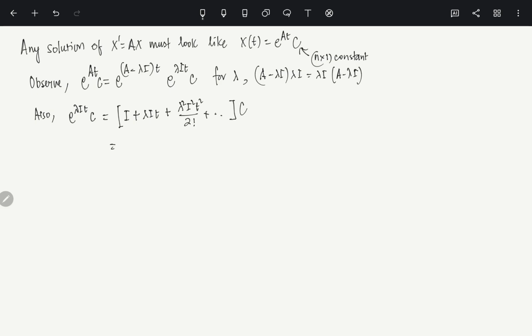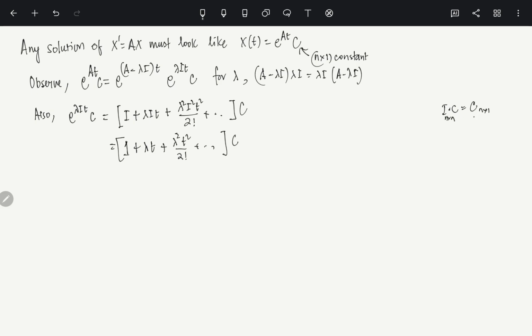If you write it properly, this is nothing but 1 plus lambda t plus lambda square t square by 2 factorial plus and so on, times C. See, identity times C is C. So I am writing that matrix C as 1 times C. Identity times C is the matrix C, an n cross 1 matrix, whatever it is, and identity is n cross n.